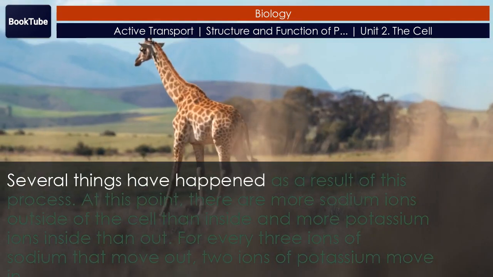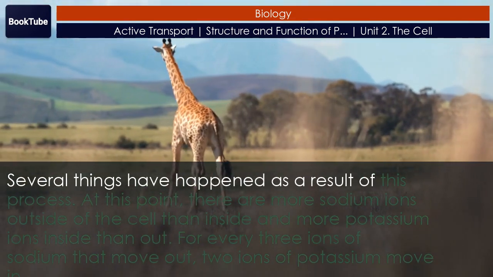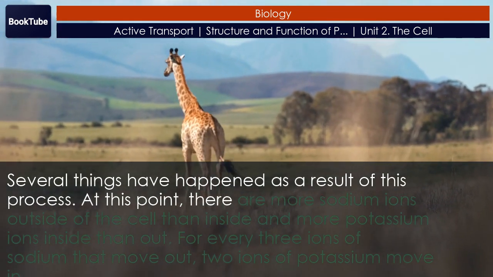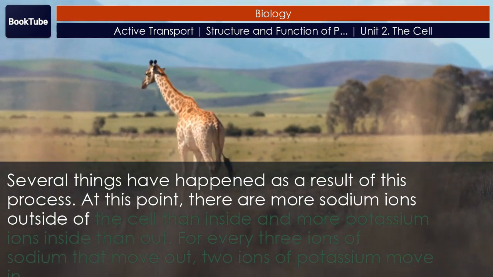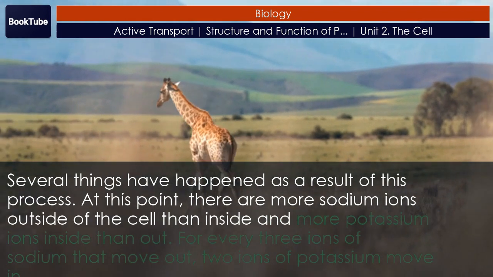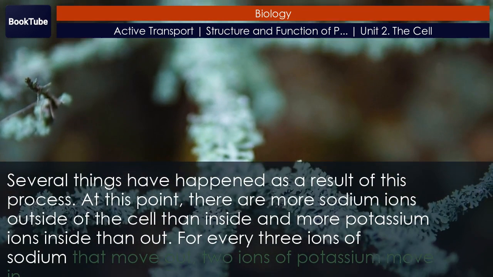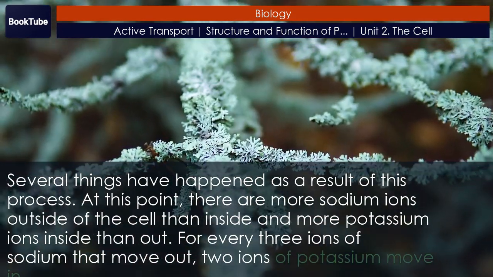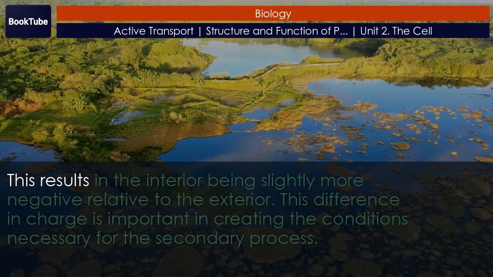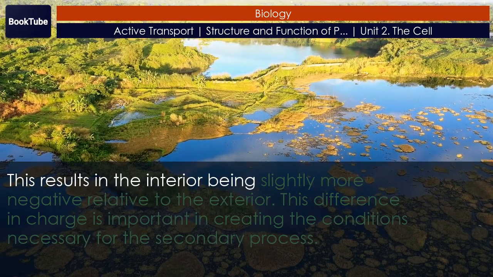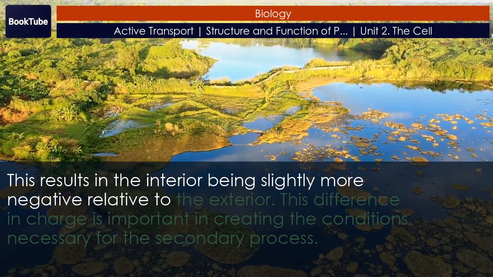Several things have happened as a result of this process. At this point, there are more sodium ions outside of the cell than inside and more potassium ions inside than out. For every 3 ions of sodium that move out, 2 ions of potassium move in. This results in the interior being slightly more negative relative to the exterior.